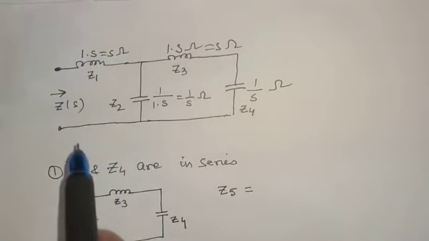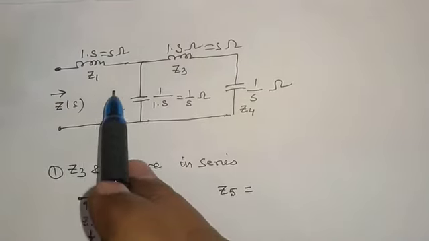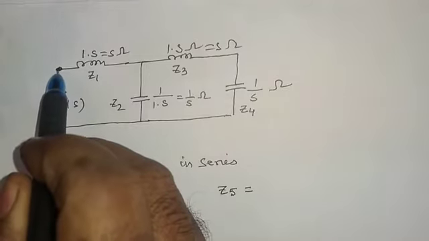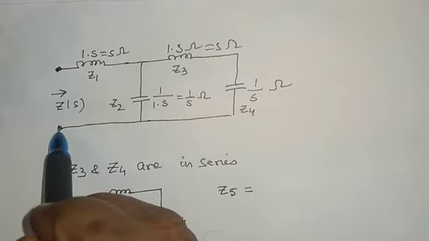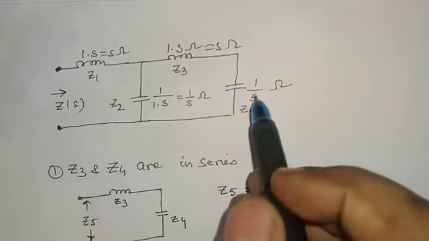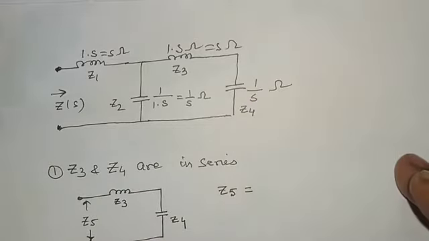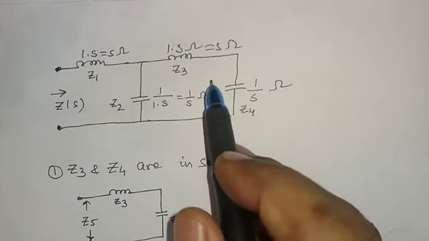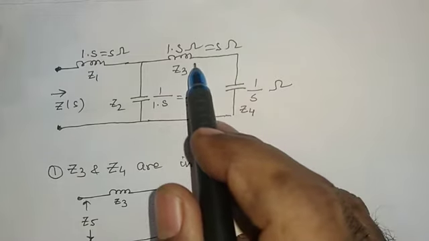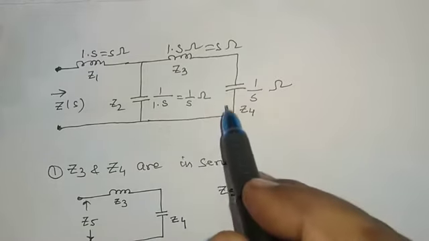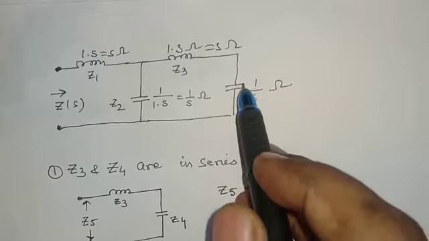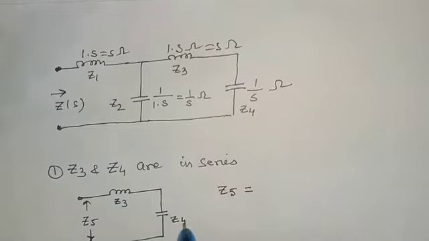It is similar to the calculation of equivalent resistance. If we want to calculate the equivalent resistance between these 2 points, then calculation must start from the opposite side. Then we can say that Z3 and Z4 will be in series.